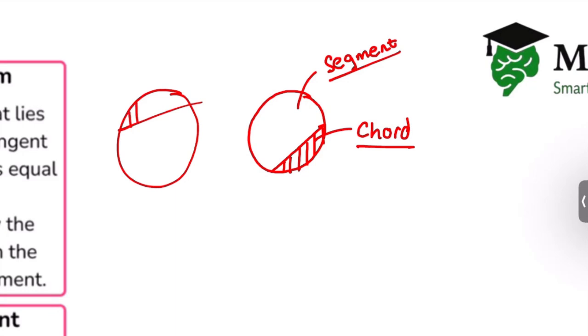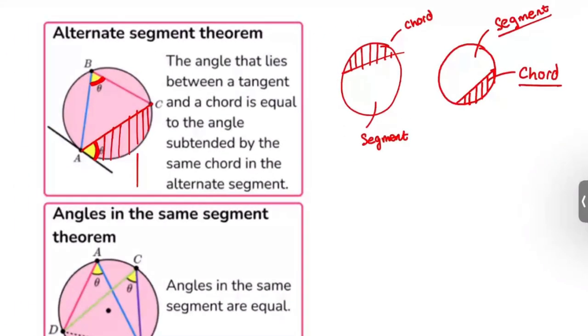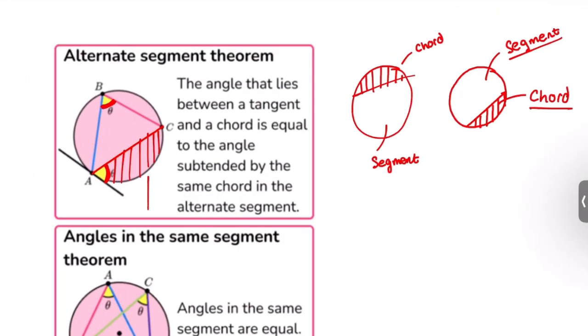The smaller part, this part, is known as the chord, and this large part is known as the segment. What this rule is telling us is that the angle by the chord, the smaller part of the circle, this angle over here, will be the same as the angle in the alternate segment.